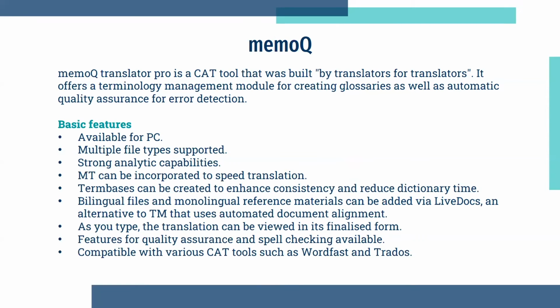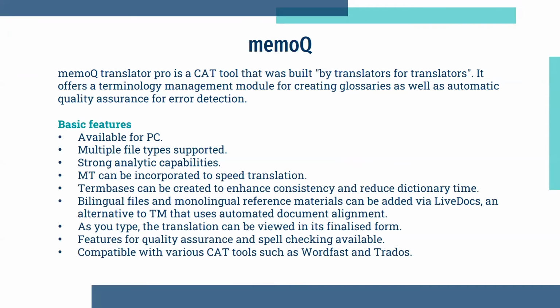For memoQ, Translator Pro version, which is a CAT tool built by translators, for translators. It offers a terminology management module for creating glossaries, as well as automatic quality assurance to detect possible errors in our translation.